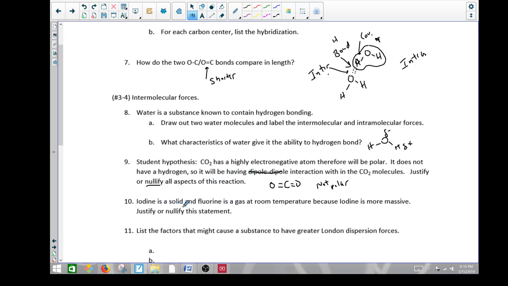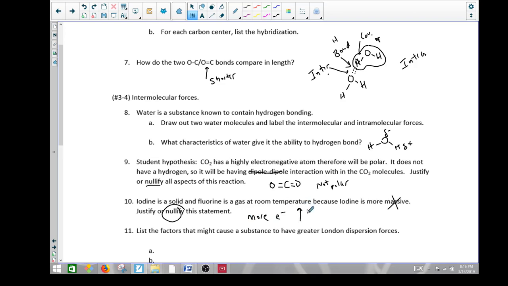Iodine is a solid and fluorine is a gas at room temperature because iodine is more massive. Just very nullify. Well, in this one, I might call the bluff on this one. Nullify. It's not a solid because it's more massive. It's solid because it has more electrons.